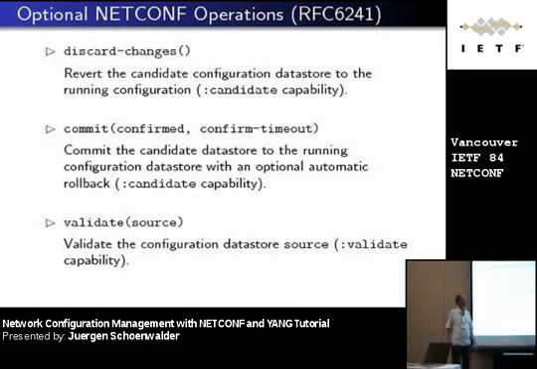But not every implementation might have a candidate data store, so there's a candidate capability. During the hello exchange, the server will say, yeah, I can do candidate. If the server can do candidate, here's the commit operation. You can run a commit, it's just committing, but the real fancy stuff is the confirmed commit, and that works as follows.